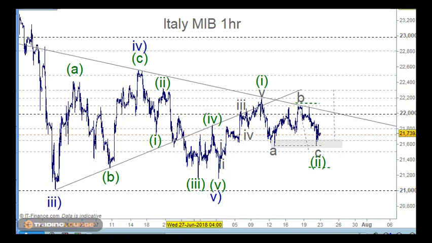So it's possible that if I can just copy this, this wave 1 here is actually wave 1 here, and the wave 2 here is the wave 2 here, and then we're coming down as wave 1 here, wave 2 here, and then we come down further, keep moving down through here.